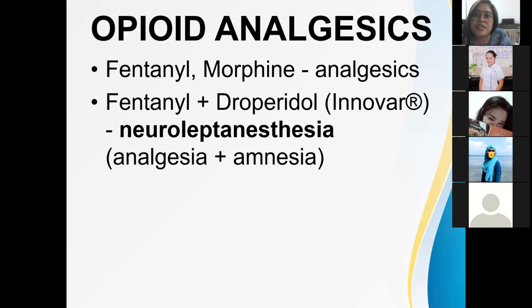So examples sa itong mga opioid analgesics are the fentanyl and the morphine. So actually, our prototype na opioid analgesic kay ang morphine. So do not forget that this is an alkaloid obtained from papaver somniferum, or sa poppy plant.